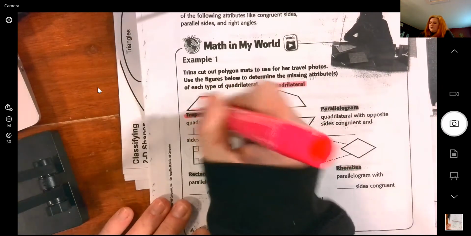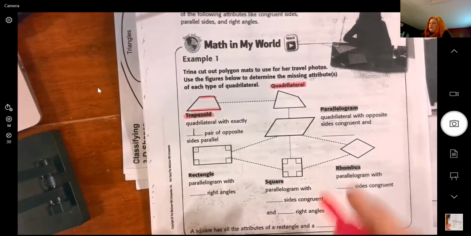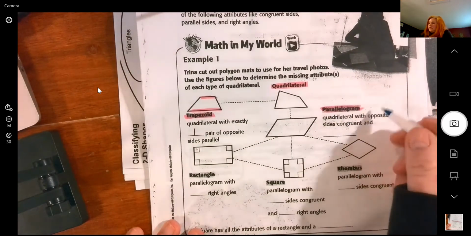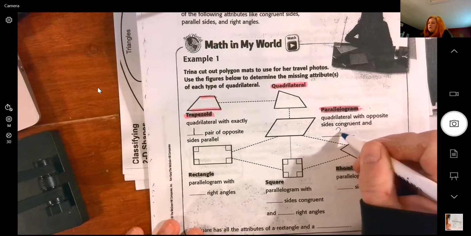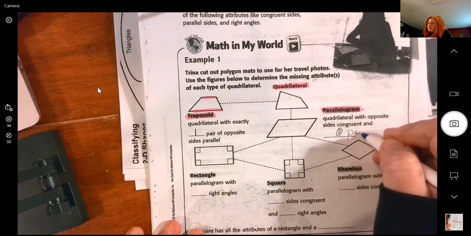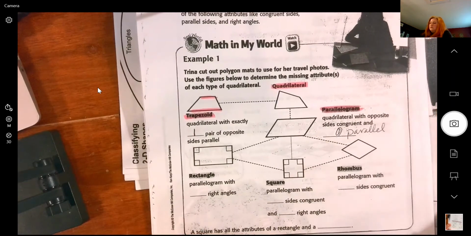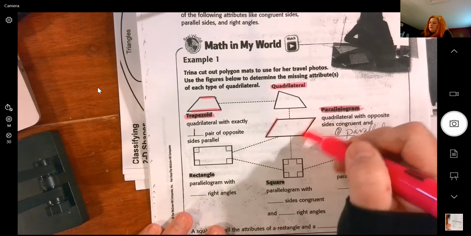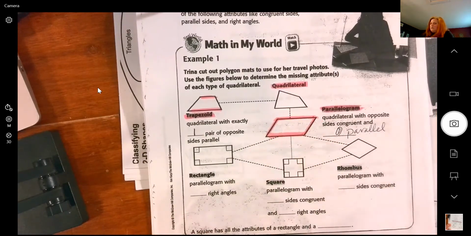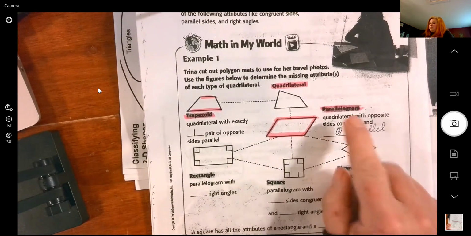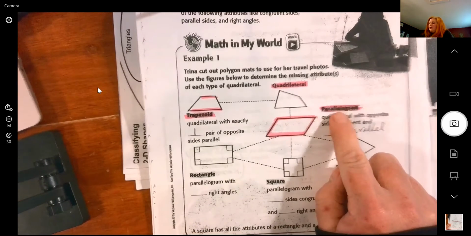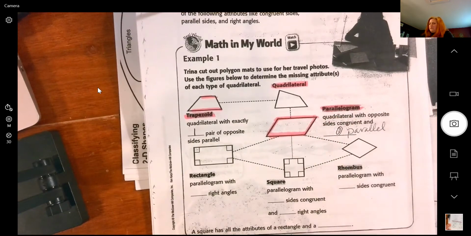If there's 2 sets of parallel sides, and if they're congruent, which they'd have to be, so these are parallel and congruent. These are parallel and congruent. And I remember parallel because the L's in parallelogram, the L's are parallel.